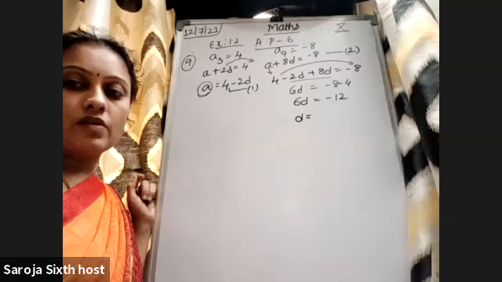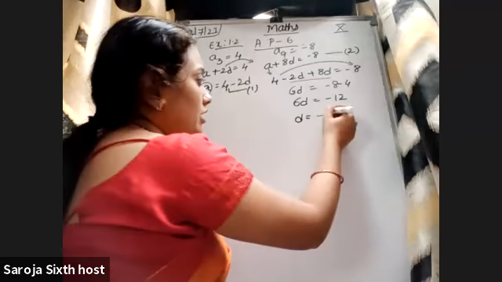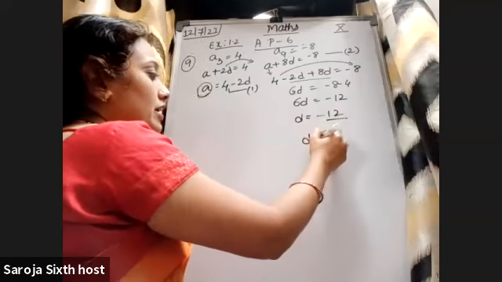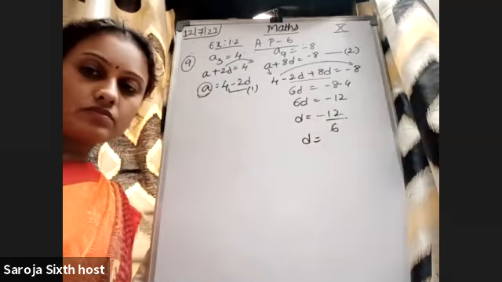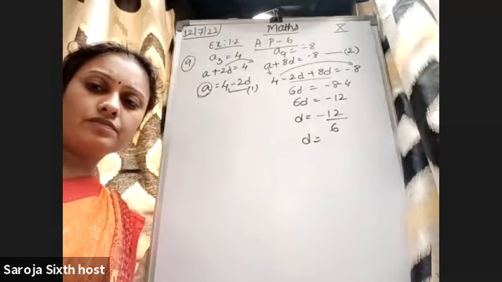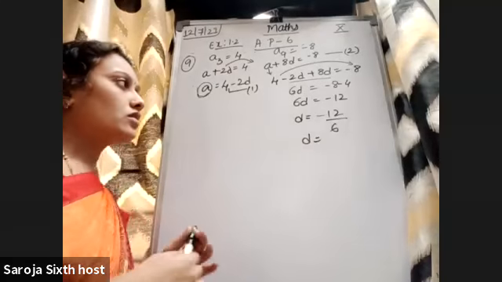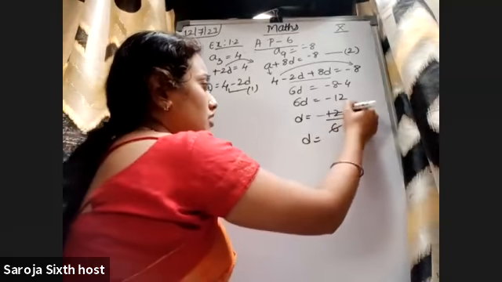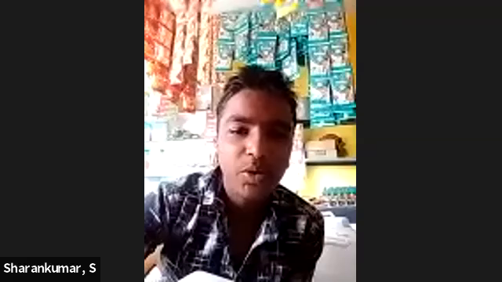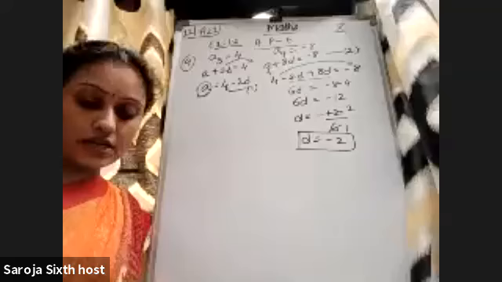Now, can you tell me what will be the D value? D is equal to minus 12 by 6. Minus 2, ma'am. So 6 twos are 12, D is equal to minus 2.